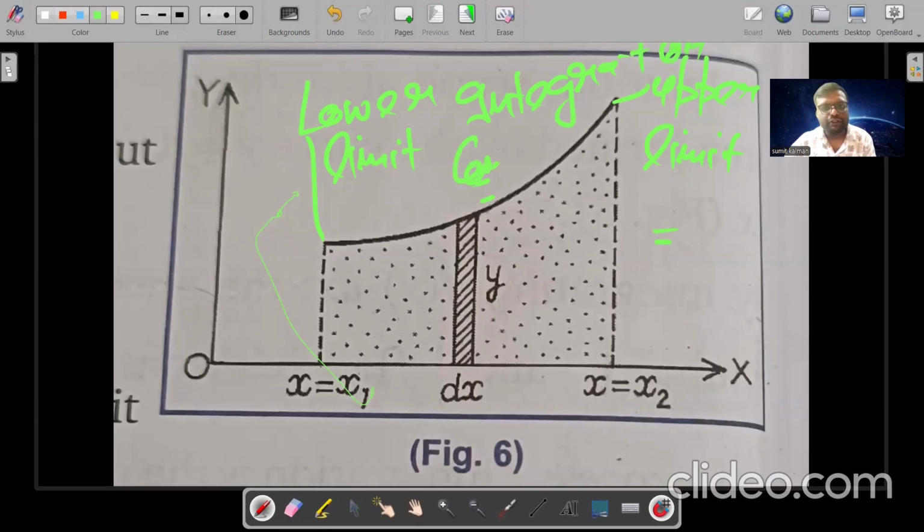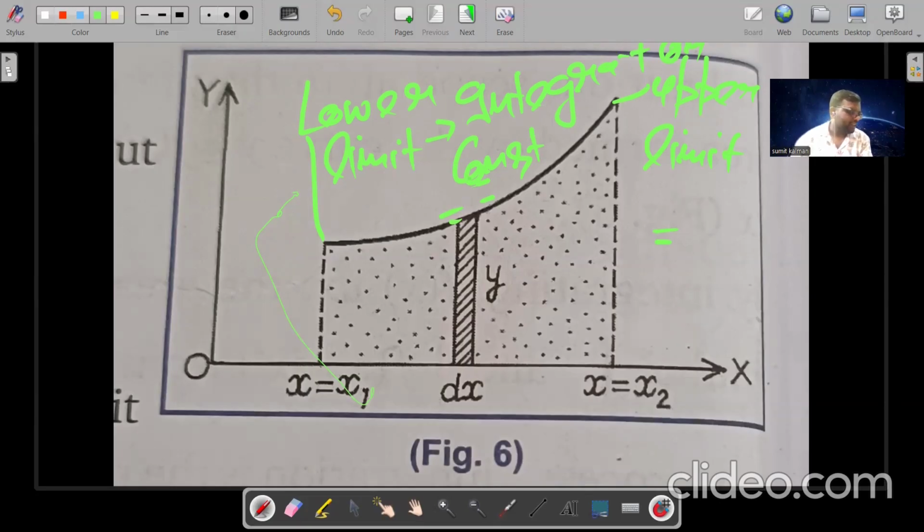So students, you have to avoid integration constant in definite integral.